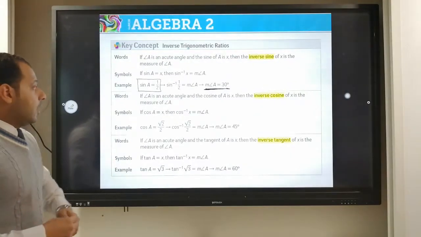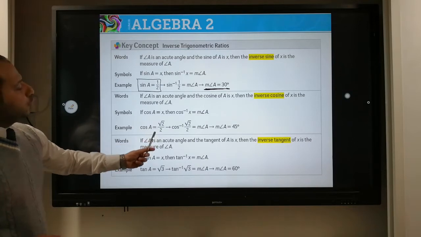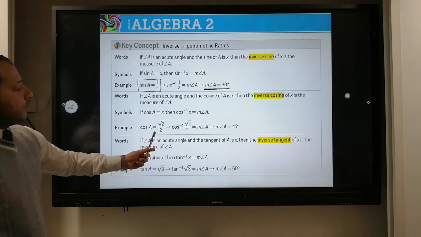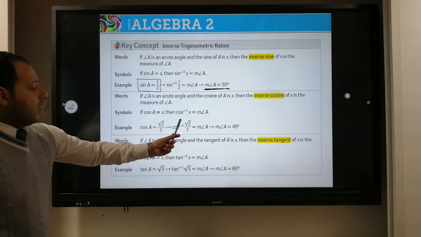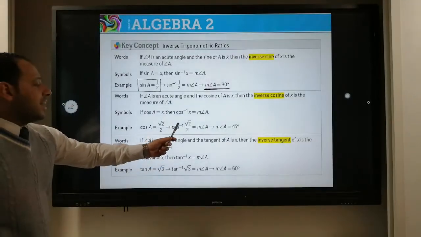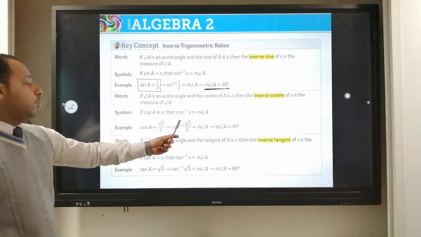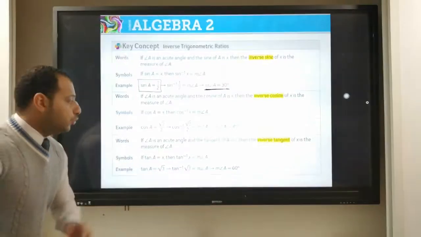In the same way, if we have cosine A equal √2/2, we use inverse cosine on your calculator, cosine -1 of √2/2.